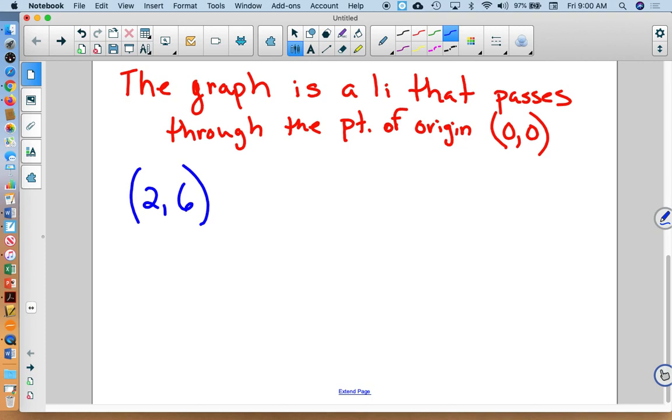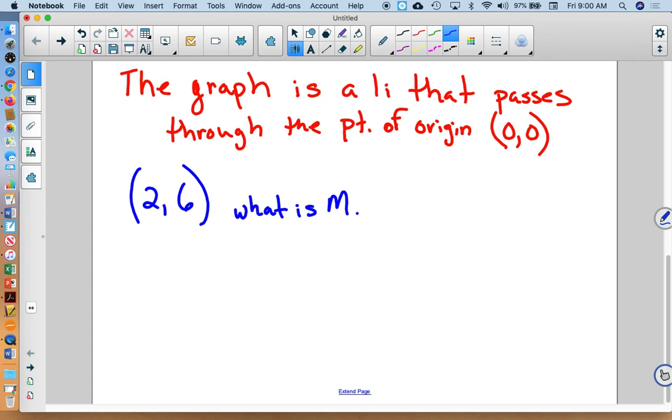What is m? I say find the slope, but I'm only giving you one set of points. Can you find the slope? What is the slope in this case? 3. How do you know that? I just divided by 2 and broke it down into half. Okay, 3. Wesley? Because it's in line with 0, 0.